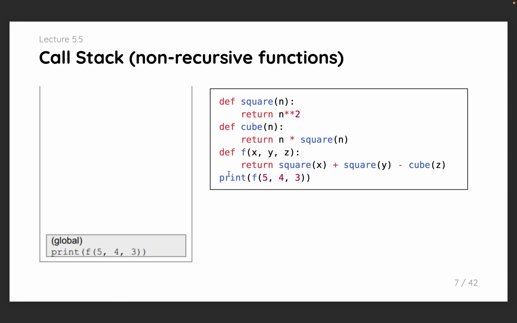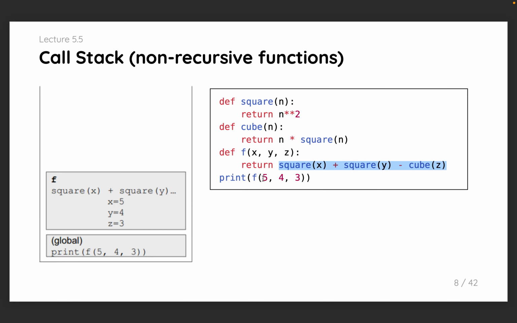So we start by calling the print function on f(5, 4, 3). Afterwards, since we're calling f(5, 4, 3), we put in another plate called f that contains its definition, as well as the values that we pass in as parameters. So x is 5, y is 4, z is 3.